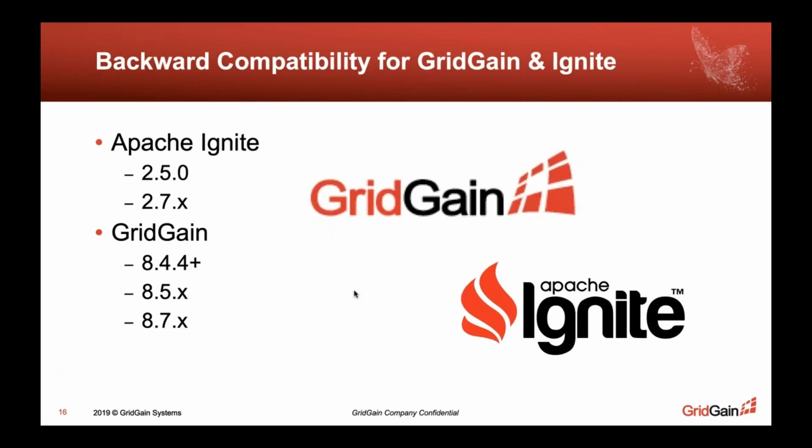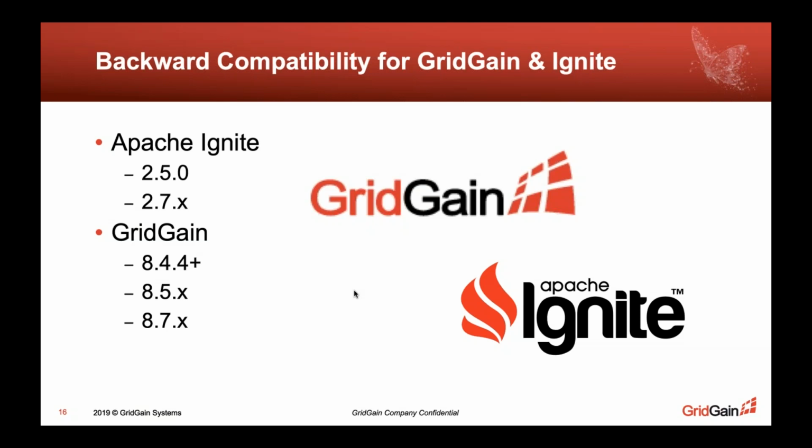A new thing that we've also introduced in this version of Web Console is support for backward compatibility. Traditionally, you would take the Web Console version that most closely maps to your version of GridGain. So if I was running my applications in GridGain 8.5.4, I would get Web Console 8.5.4.